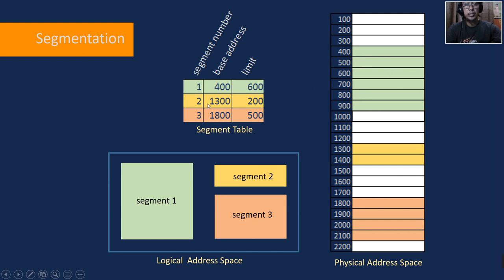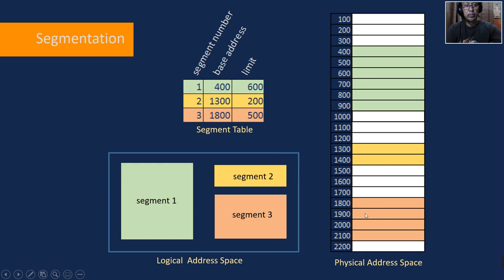Your segment 2 starts at 1300, and there are only 200. So each page is 100. So here you have only 1300 to 1400. This is for your segment 2. And your segment 3 starts at 1800, and you have 500 as your limit.